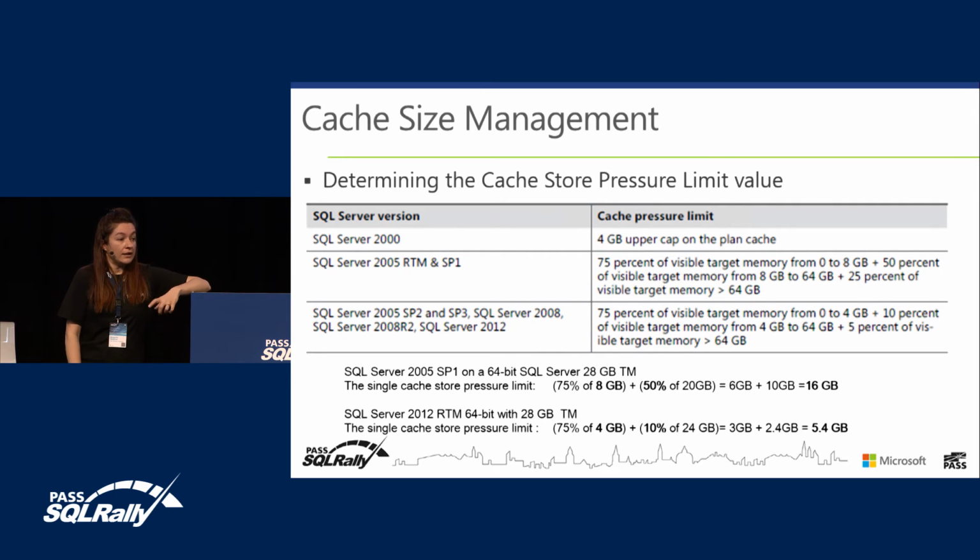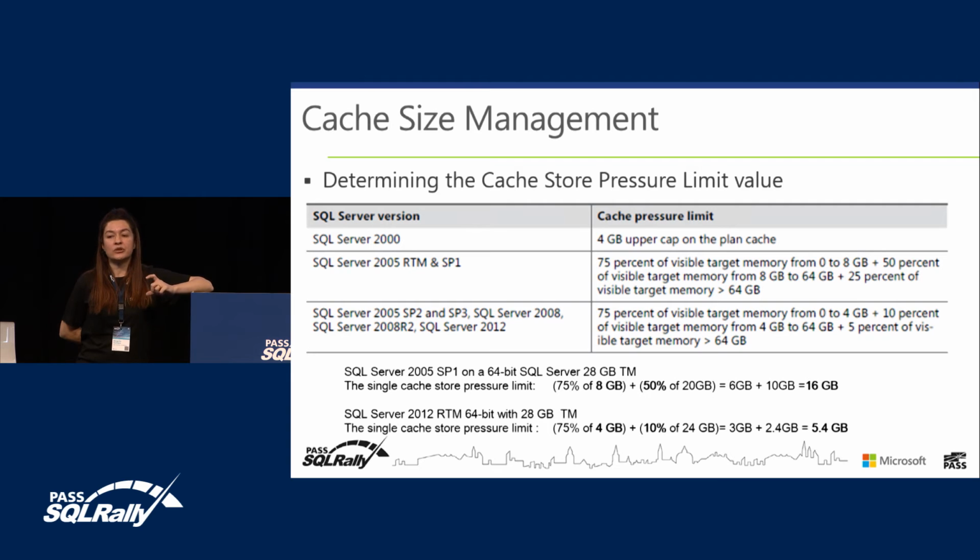So the calculation of the plan cache size of the single cache store was made with different formulas throughout the versions. In SQL Server 2005, we had 75% of memory from 0 to 8 gigabytes, 50% of visible target memory from 8 to 64, and 25% of visible target above 64 gigabytes.